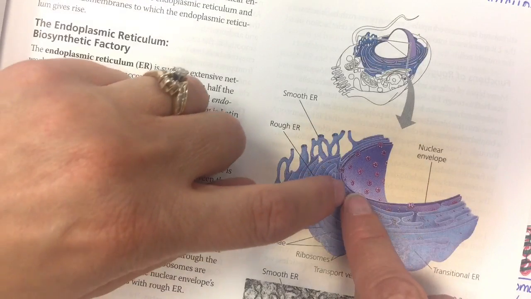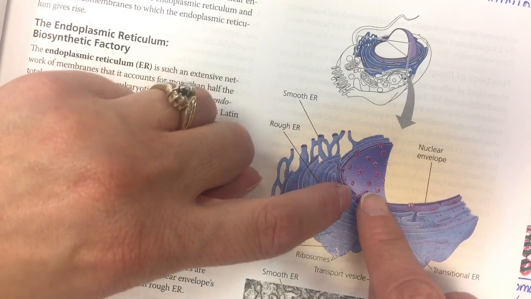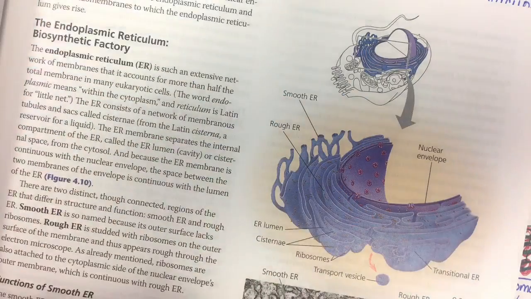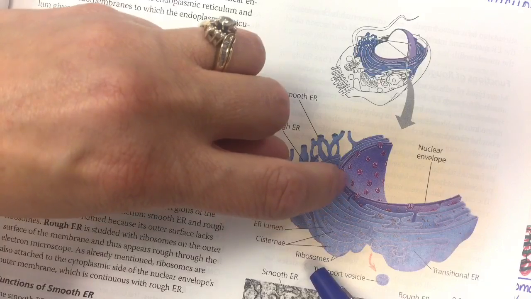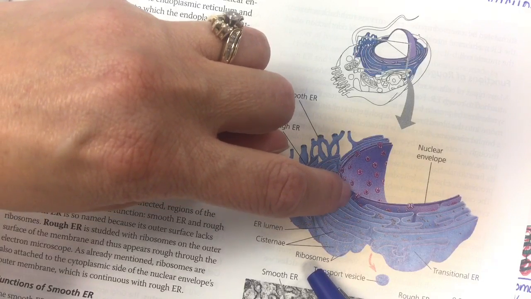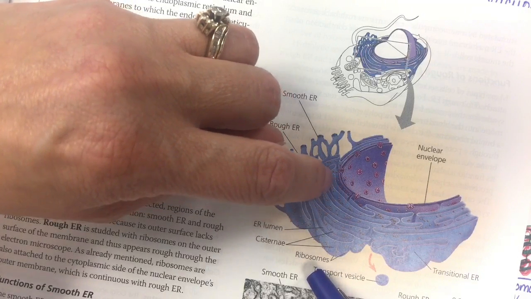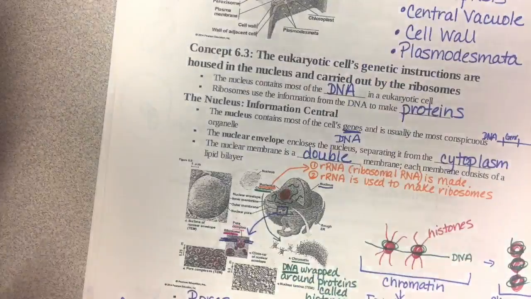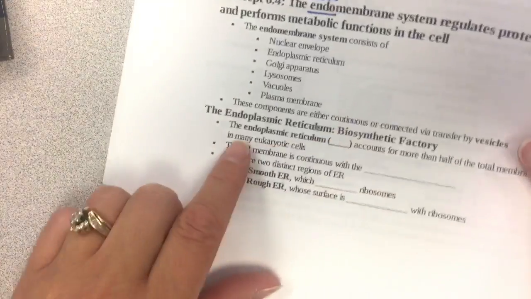This is the rough ER. This in darker purple is the nuclear envelope, two membranes. And you can see here that the membrane from the nucleus goes and there's a tunnel to the membrane of the rough ER. And so therefore they are connected together that way. And that's what it means by continuous.